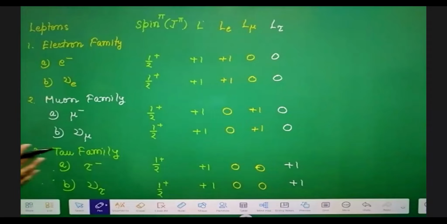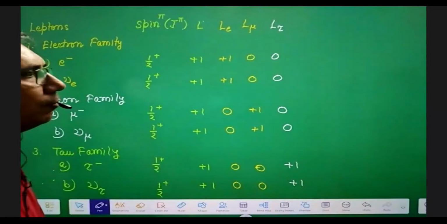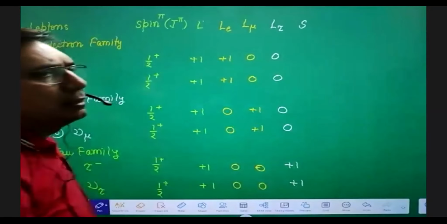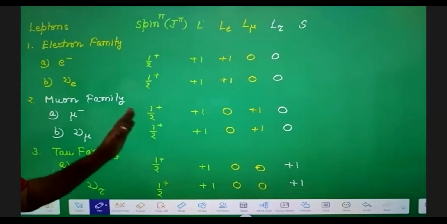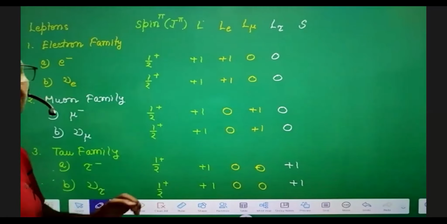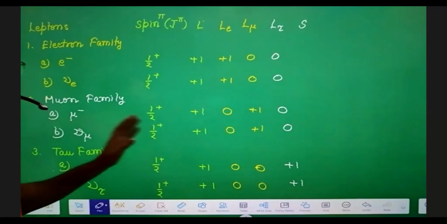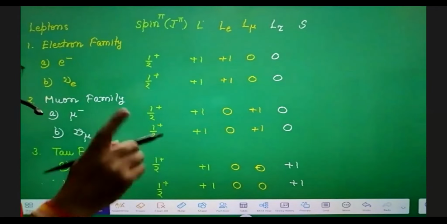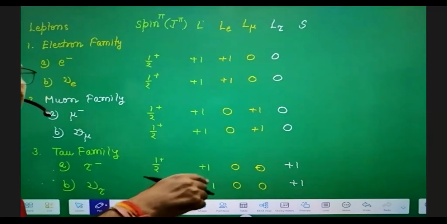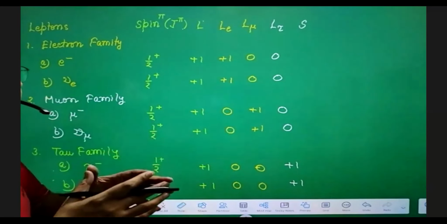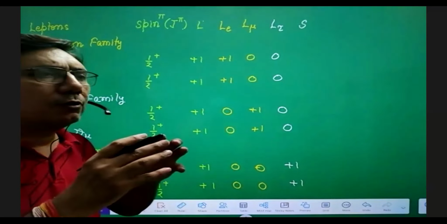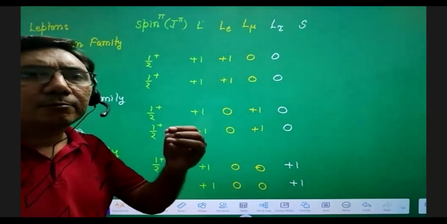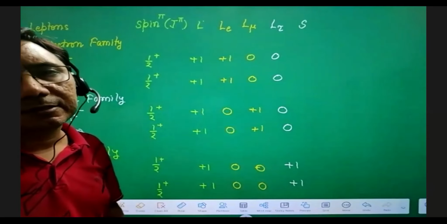Now, apart from these, there are other numbers also. One is called the strangeness number. What is strangeness? I will explain later. But right now, you cannot make this table again and again. I don't want you to prepare so many tables. I just want one table. So please write here. Strangeness number is introduced for particles which are exhibiting some specific properties.